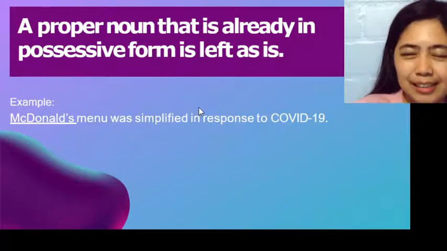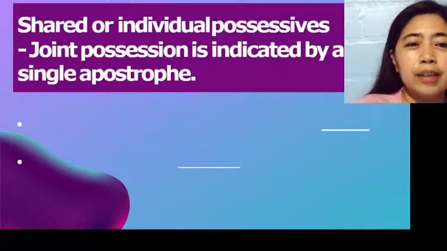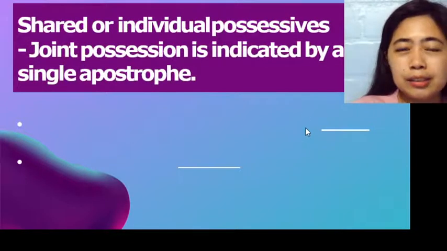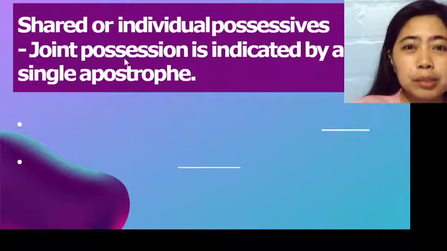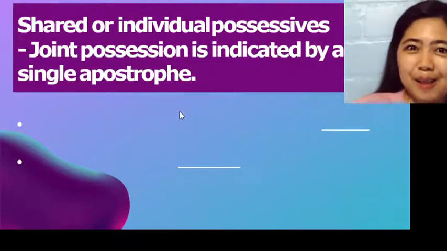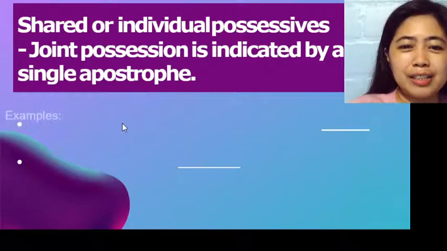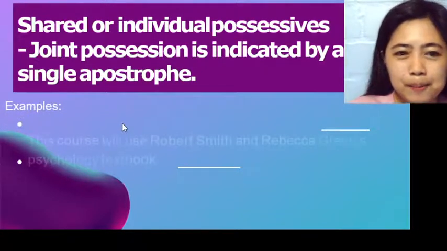Okay, let's have another rule for possessives. We have here shared or individual possessives. Joint possession is indicated by a single apostrophe. We'll have more comprehension with these examples below.